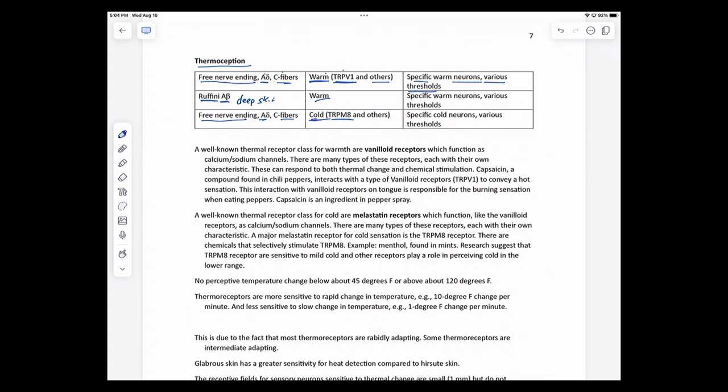Same thing with cold. You have, again, subsets of cold neurons, and each of them have their various thresholds. So again, a slightly cold temperature or cool temperature would set off one set of neurons, and if the temperature drops, then another set of neurons would light off in terms of action potentials and so forth.